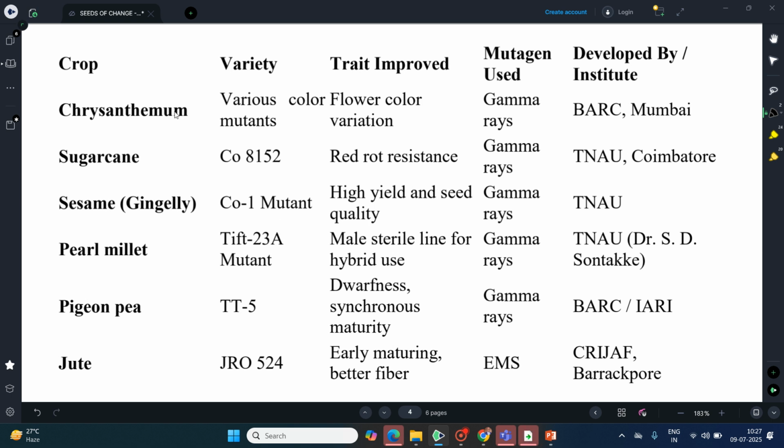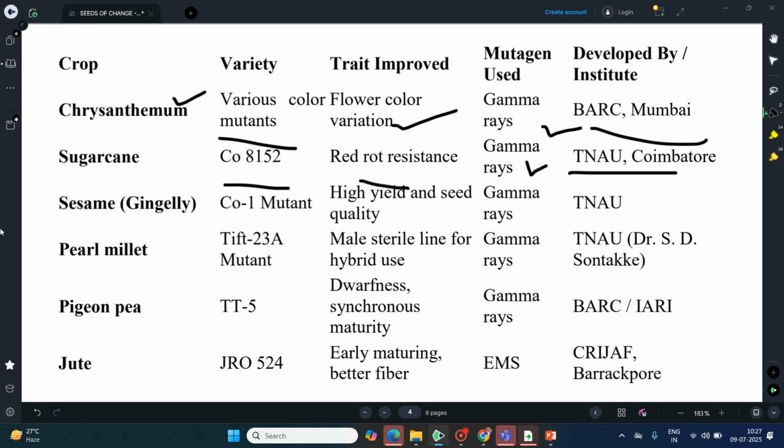And chrysanthemum, various color mutants, flower color variation by gamma rays at Bhabha Atomic Research Center, Mumbai. Sugarcane Co 8152, red rot resistant, developed using gamma rays at Tamil Nadu Agriculture University, Coimbatore.